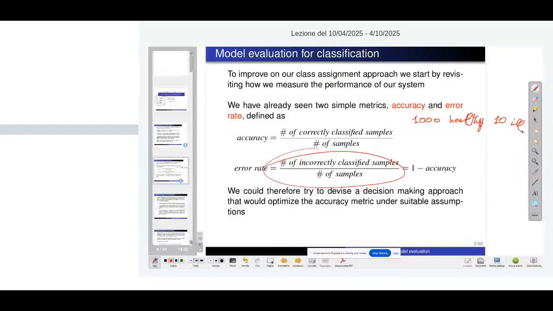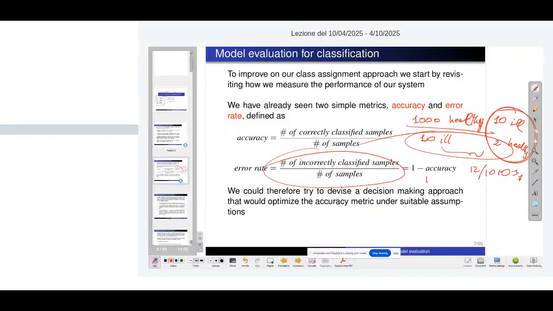Now, if I make 10 mistakes over the healthy, so 10 healthy people are labeled as ill, and 2 ill people are labeled as healthy, what do we have? Then the number of errors is 12. But we can see that if I concentrate on each class on its own, 20% of the ill people are actually wrongly classified. Now, with these proportions, this will give me an error rate of 12 out of 1,010, so around 1.2%.